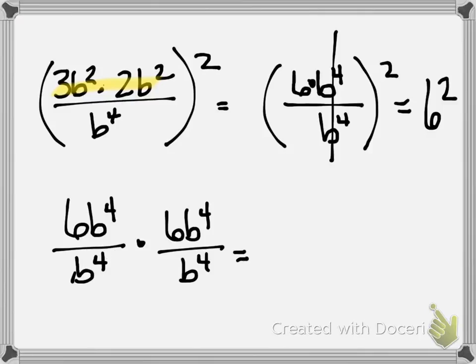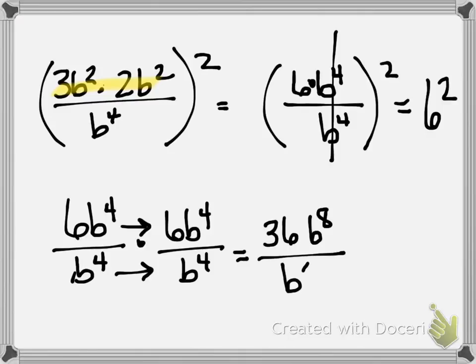When you multiply fractions, you multiply the top two and the bottom two. So 6 times 6 is 36. b to the 4th times b to the 4th is b to the 8th, all over b to the 8th. Now, when you have a division of an exponent, you subtract. So 8 minus 8 is 0. So that's going to turn into 36 b to the 0 power.